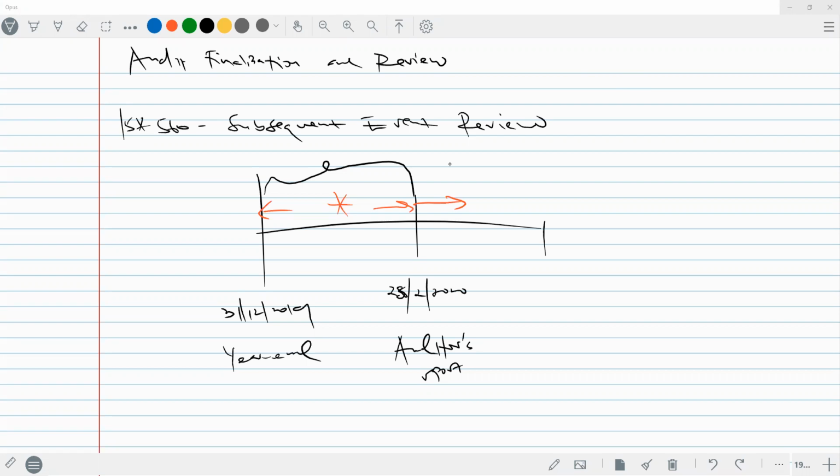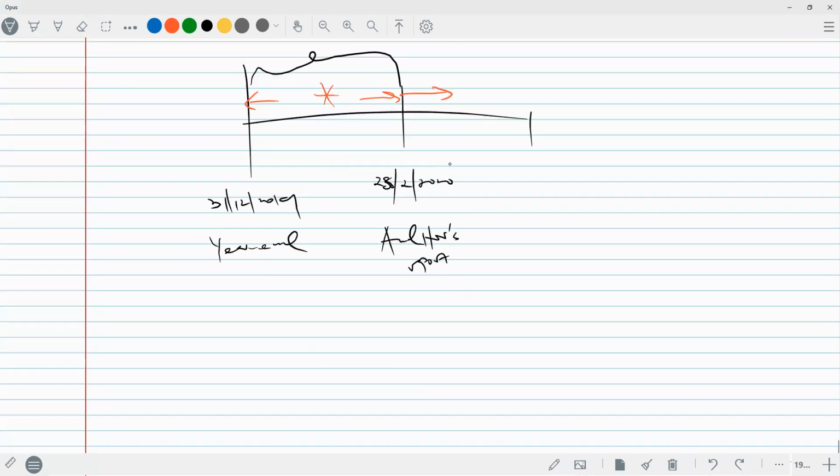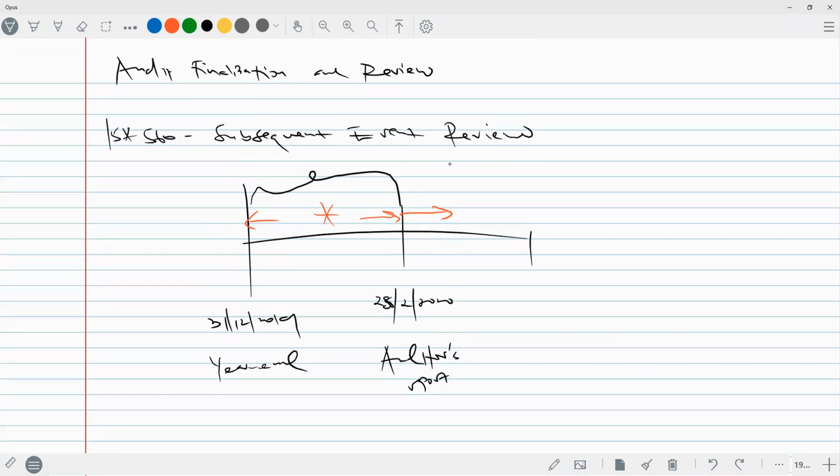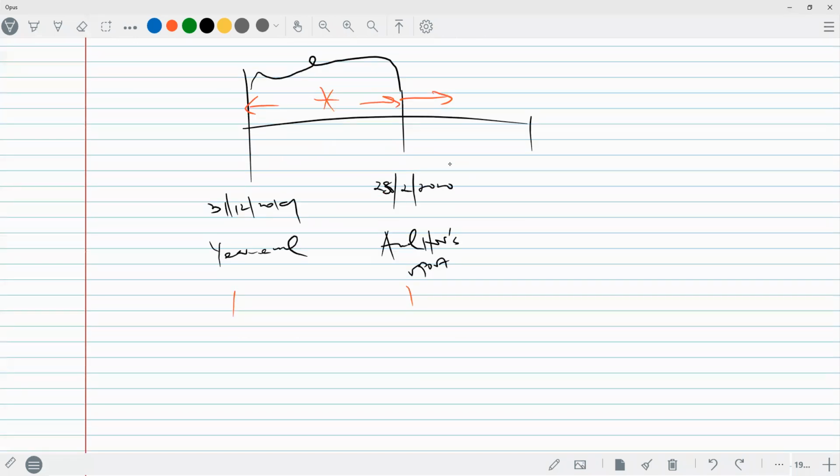We see that generally, the period between the financial year end and the date of the final report is what is called the active duty. Here you do have an active duty.